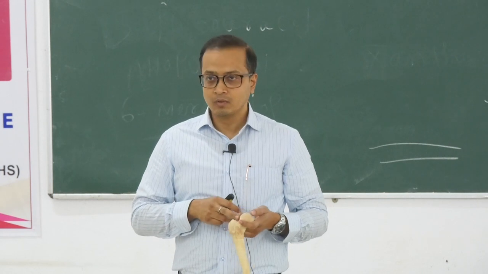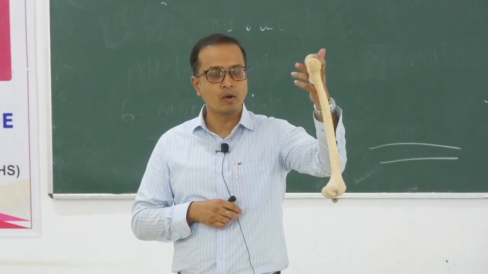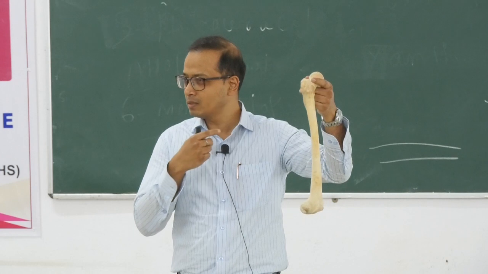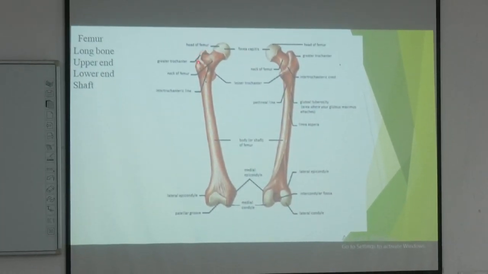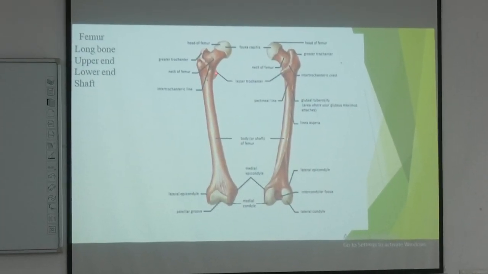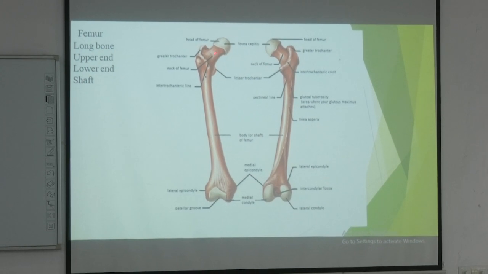Okay? So head, then we have this joining part, running more or less horizontally. We call it the neck. Then you see there are bumps. One is a big bump, which is this one, and one is a tiny bump over here. These bumps we call trochanters. The bigger one we call the greater trochanter, and the smaller one the lesser trochanter.